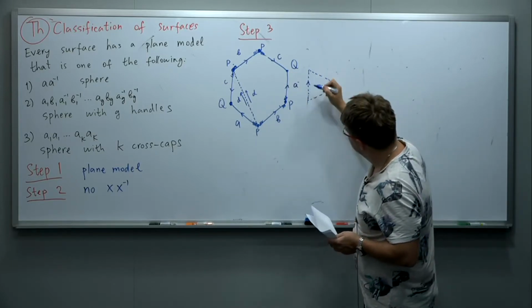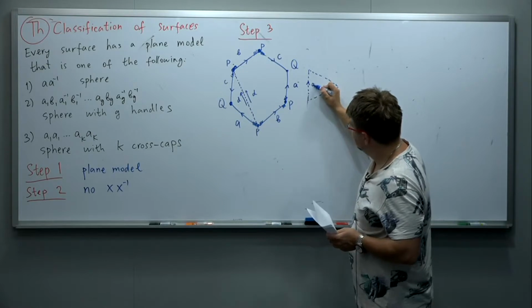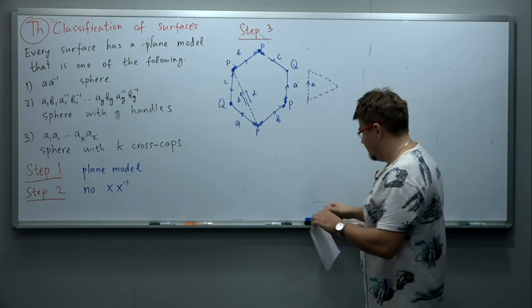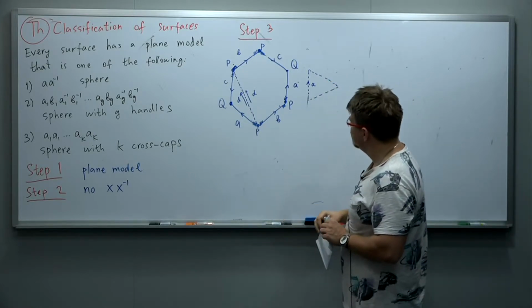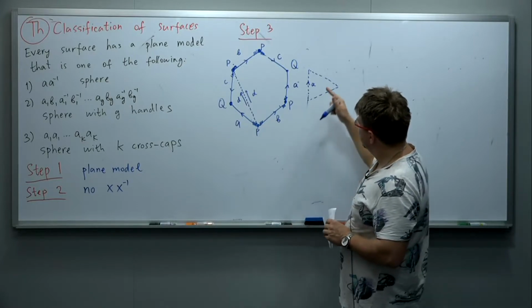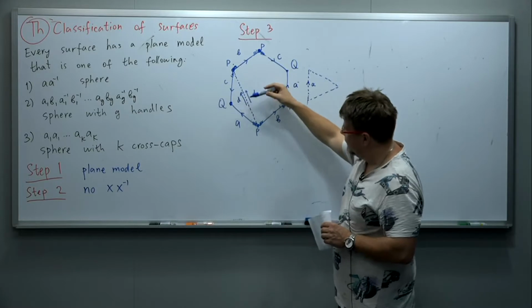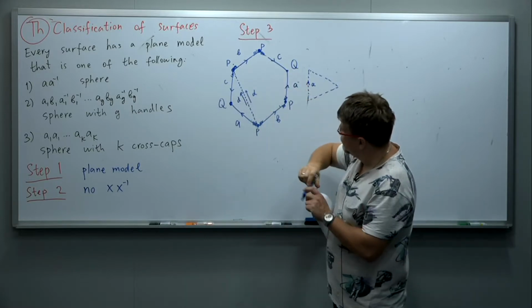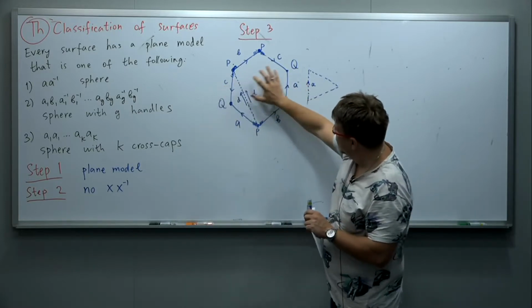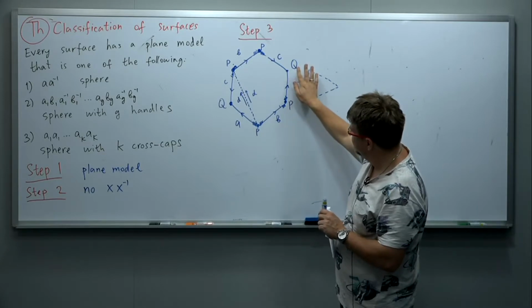So in this triangle, I'm going to have A. Then besides A, I'm going to have D here and C here. You can imagine that I'm going to move it like this. So A is going to point upward.